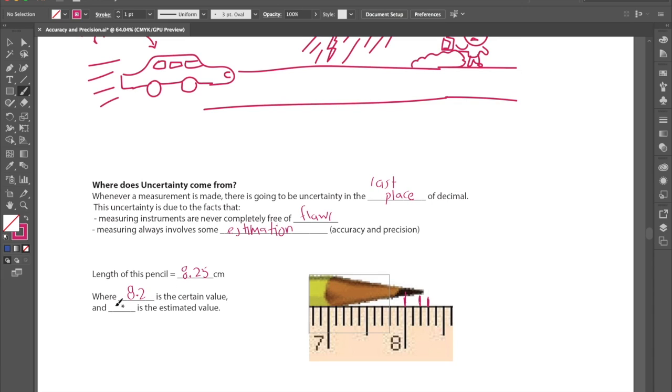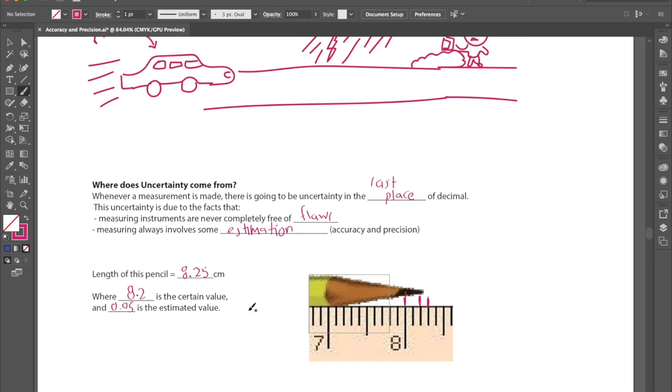That 5/10 at the end of that measurement, so 0.05, is our estimated value. So 8.2 we are certain about, but that last place in the decimal, that's where we made that estimation, and that is our estimated value.